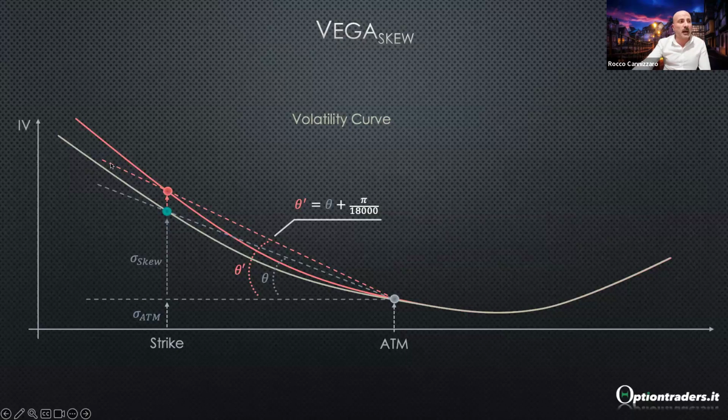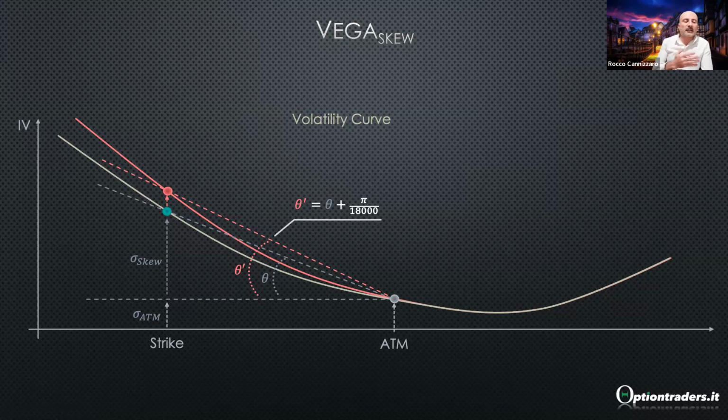But if I were farther out of the money, the corresponding increase from this point to the next point would be much higher, because when there's an angle, the farther you are from the point of origin, the more distance there is, the higher the volatility change will be. Essentially, what this is telling us is that farther out of the money options will have a higher rotational Vega, which is actually consistent with what we see in reality.